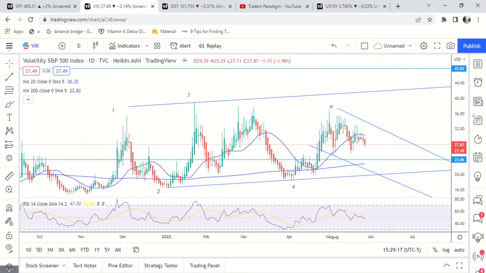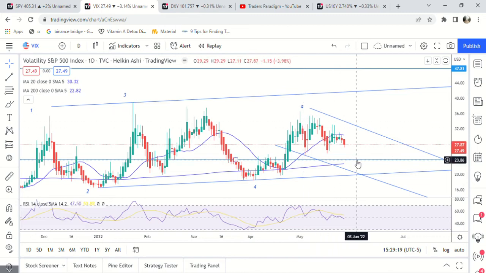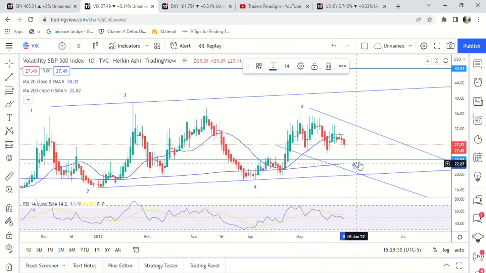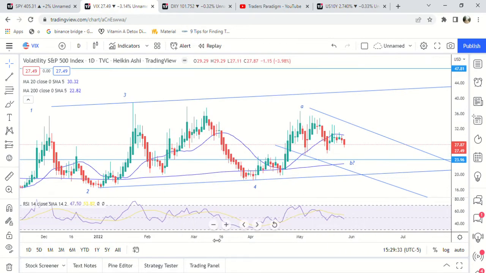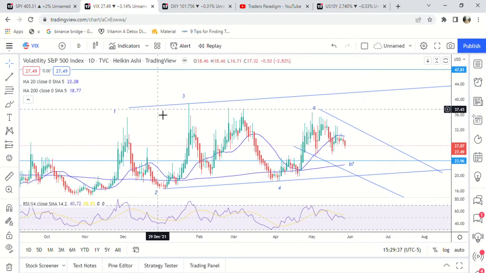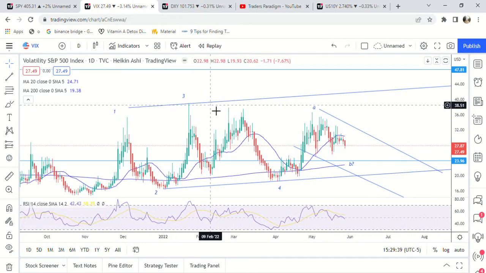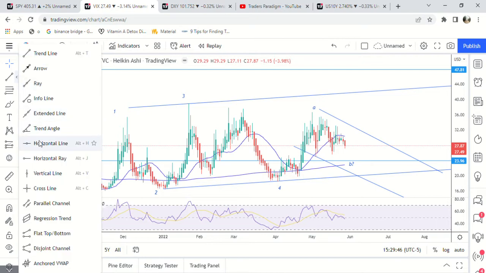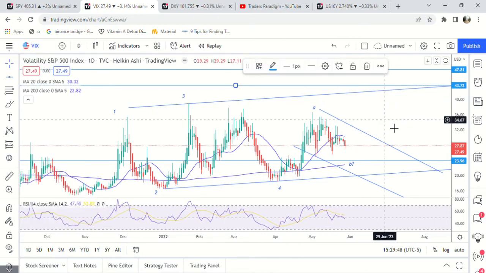So I'm expecting something like that, like A, and then we get a move back here for the B wave, since these are moving in ABC. So let's say we get a B right here. And then I'm expecting something above here for the next wave. And this one was at 35, this one was at 39, so maybe something around 43 is kind of where I'm aiming at for the final move higher.